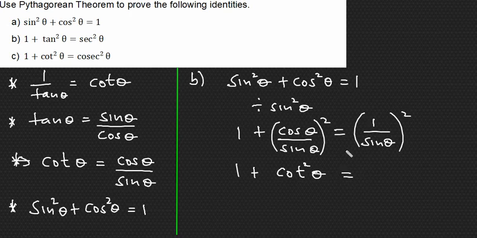Then 1 over sine is cosec. So this is going to be cosec, but you put a square there, theta, and it is proved. So question 1 is done.